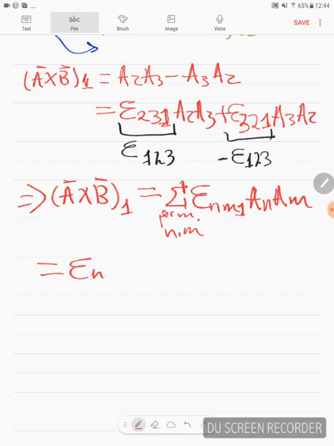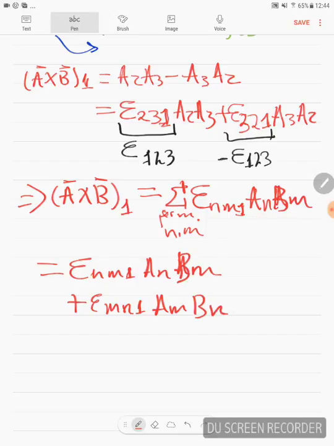You have A N, M1, A N, B M plus A M, N1, A M, oh sorry, this is a B, B N, and this is equal to the following. So you can write it like this.